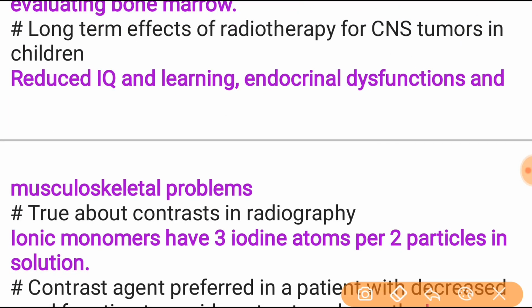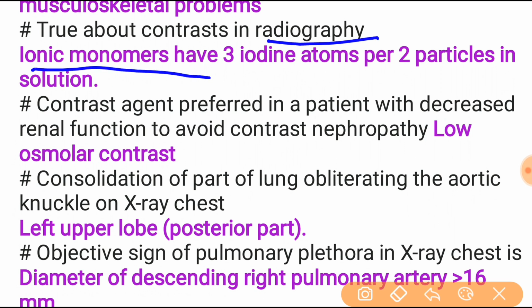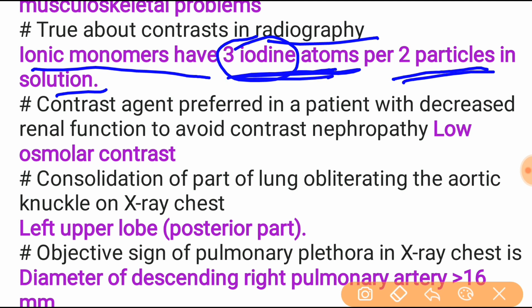musculoskeletal problems. True about contrast in radiography: the ionic monomer has 3 iodine atoms per 2 particles in the solution.